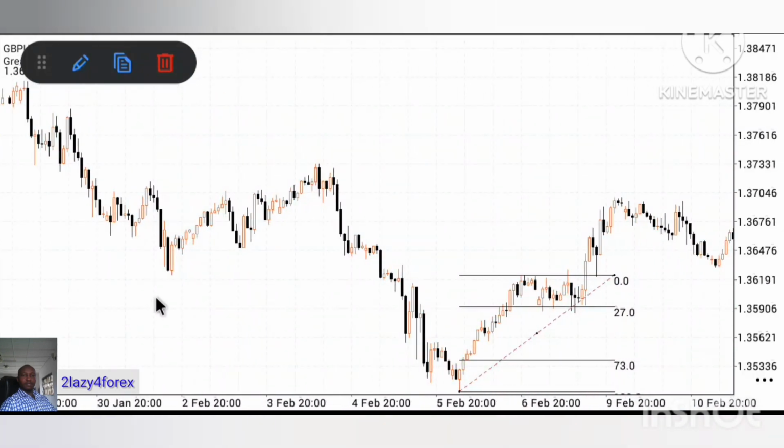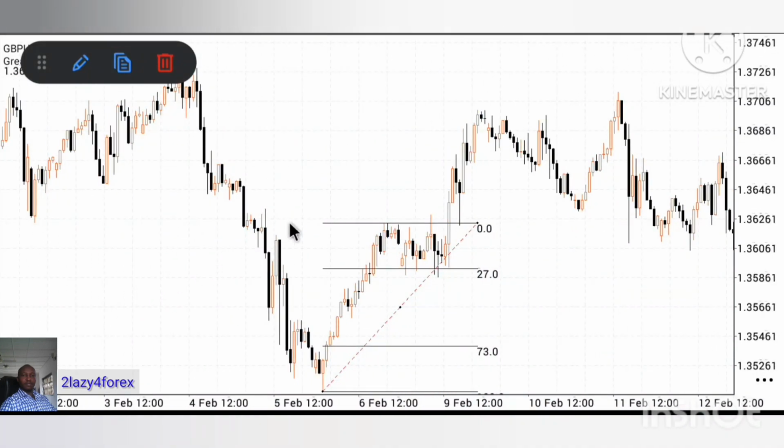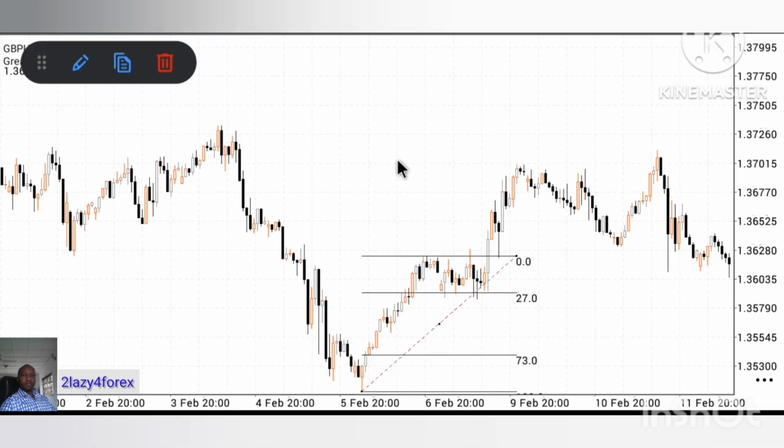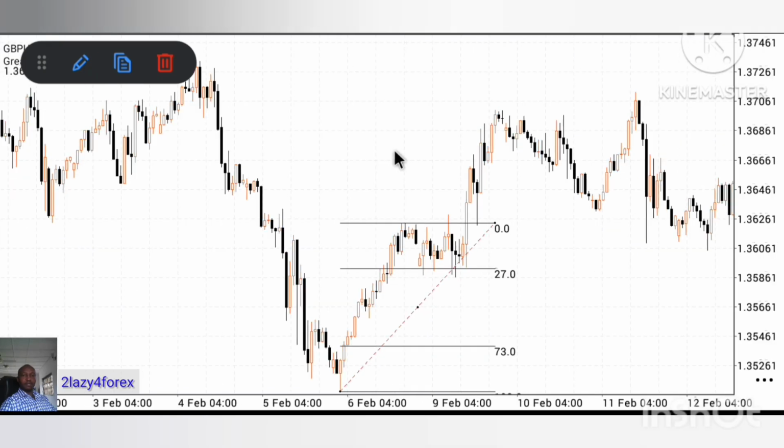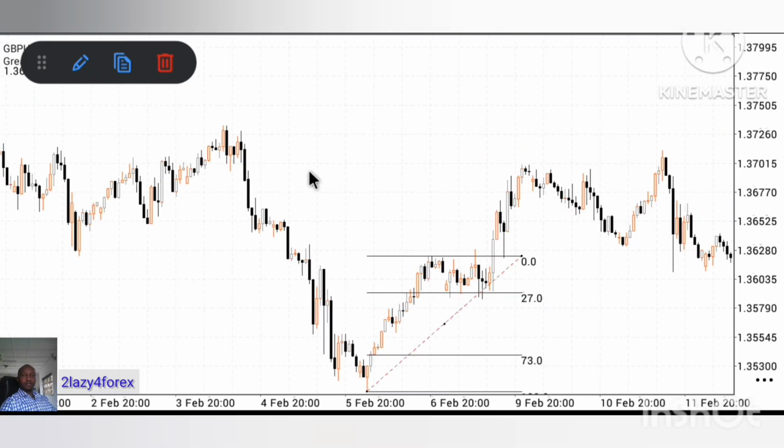But let me tell you one thing, always make sure your entries are above the 50% Fibonacci retracement level. What I'm saying is, once you start having a pullback, you first pull your Fibonacci tool on the extension, pull from here to here, and mark the 50% spot.